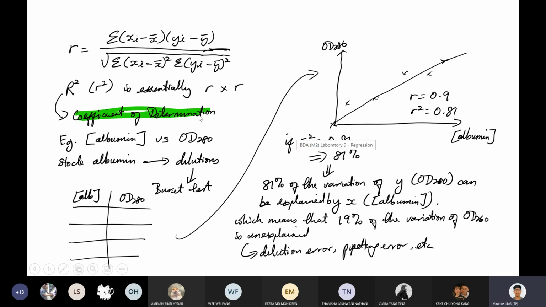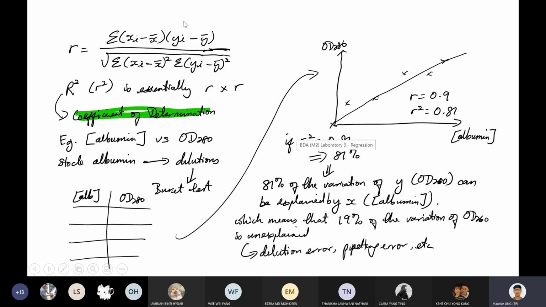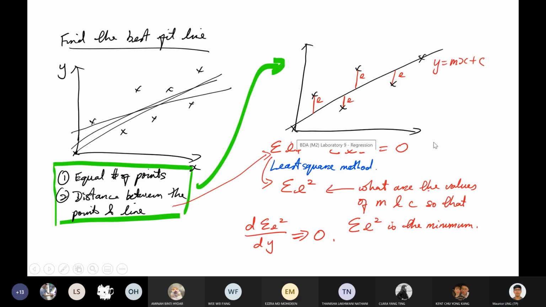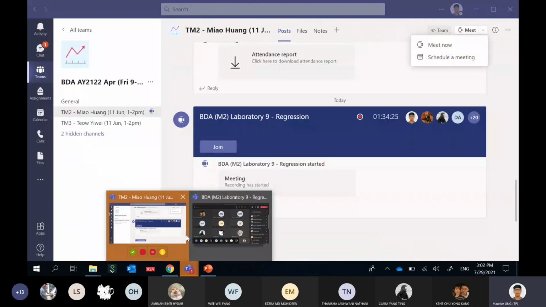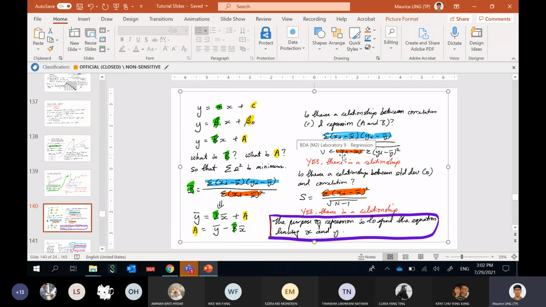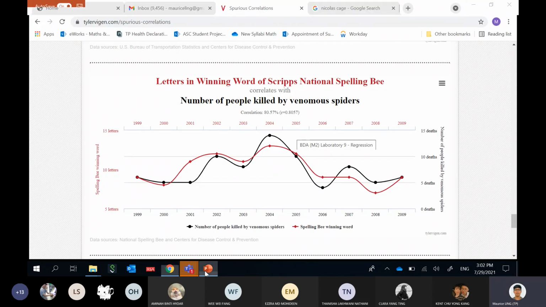Actually, there's one thing I never went through. By now, you should kind of realize a few things. Look at the equation for your regression, for correlation.